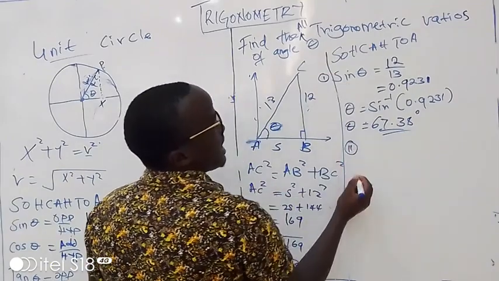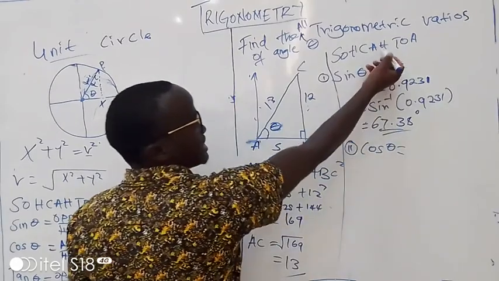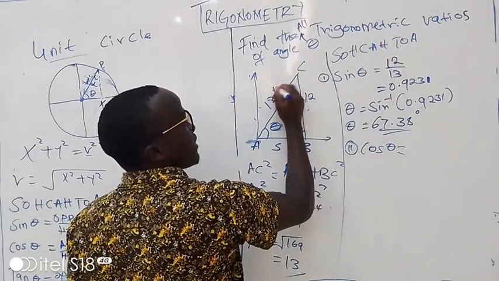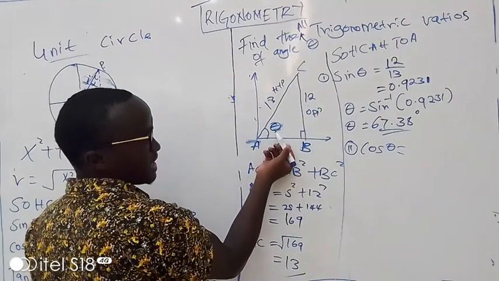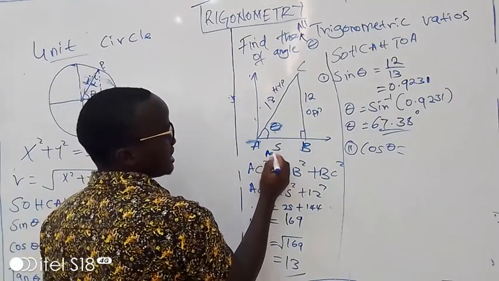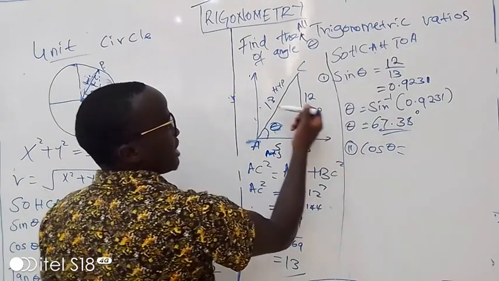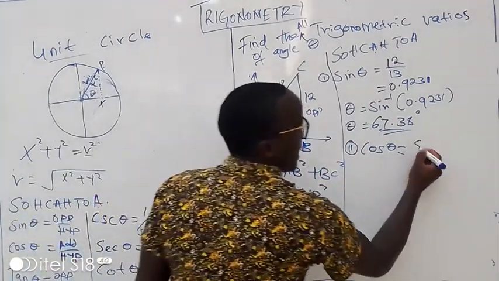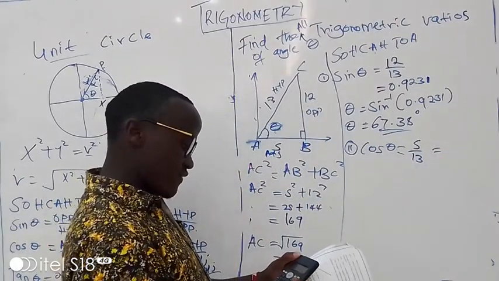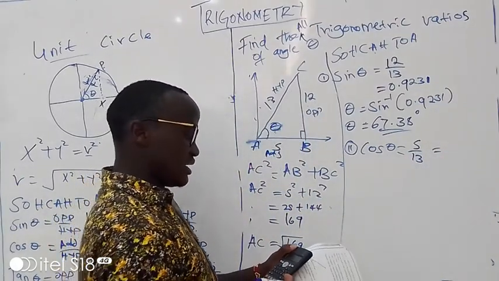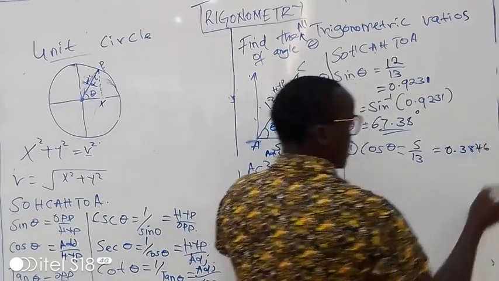Now we can call this one. So our second here is cos theta, which is adjacent over hypotenuse. In this case, this is our hypotenuse, this is our opposite, since we are considering theta, and this is our adjacent. So it is adjacent over hypotenuse, 5 divided by 13, which is 0.3846.